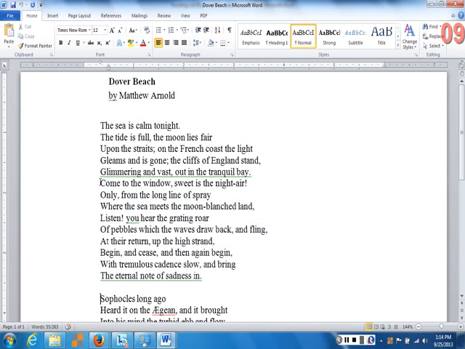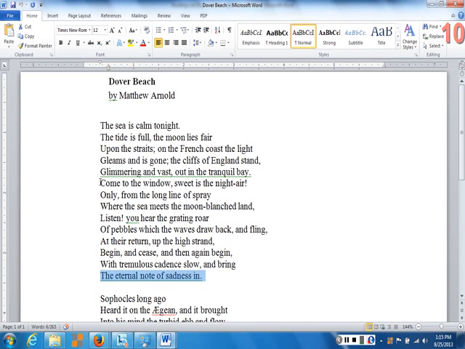But note that he introduces a different subject here, doesn't he? It has seemed up to this point as though he's describing the setting. He's asking somebody to look at the setting with him and listen to it. So we've had description of what things look like, and description of what things sound like.